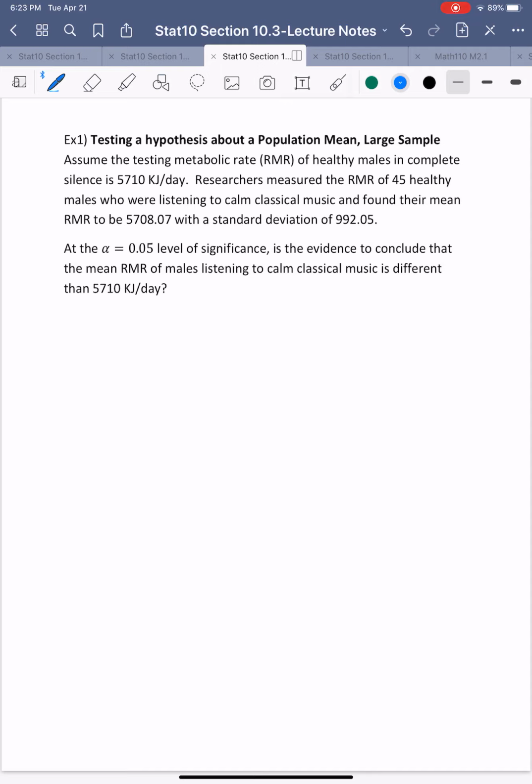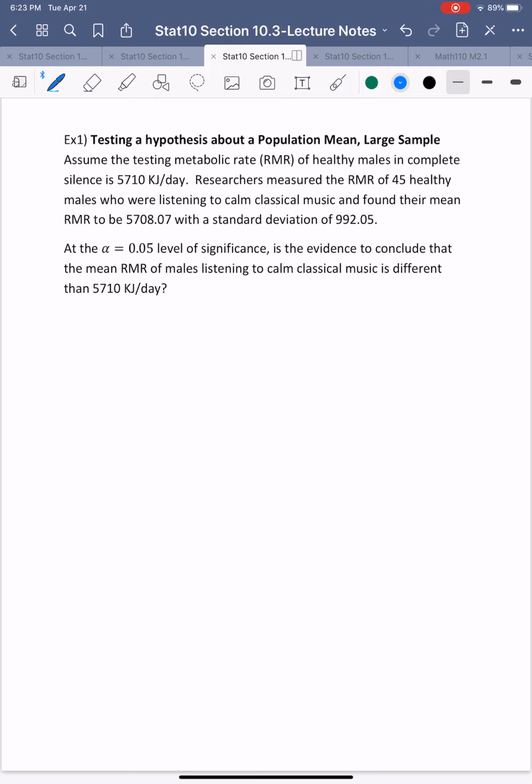Researchers measured the RMR of 45 healthy males who were listening to classical music and found their mean RMR to be 5,708.07 with a standard deviation of 992.05. At the alpha equal to 0.05 level of significance, is there evidence to conclude that the mean RMR of males listening to classical music is different than 5,710 kJ per day?